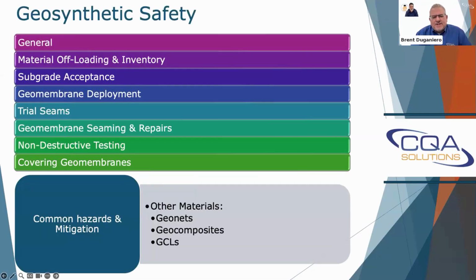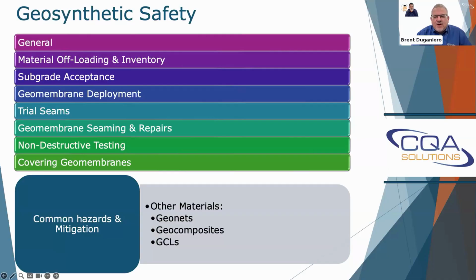So a quick outline for today. We're going to be working through a hypothetical small project for a geosynthetic installation. As we talk about some of the tasks, we will be discussing the common hazards and the mitigation efforts that you can employ to make sure that you come home safe. We'll start with some general safety issues and concerns, and then we'll get into our project.